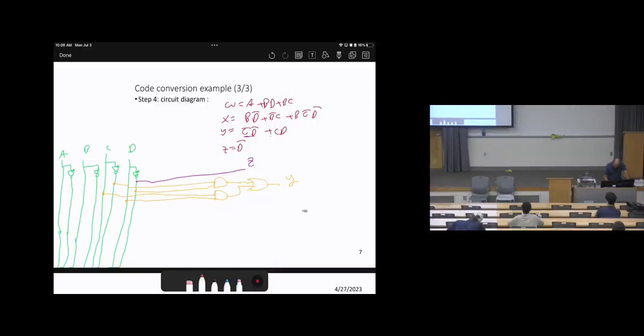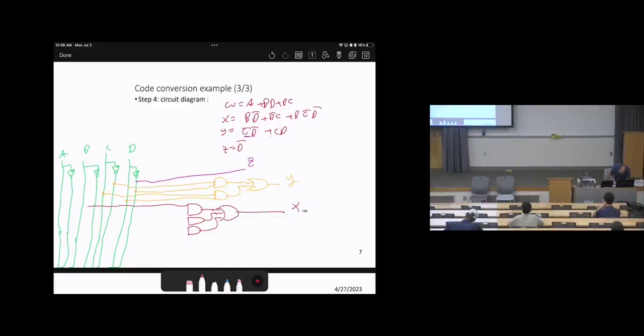How about X? The variable X is B D bar plus B bar C plus B C bar D bar. So we need to make the gates, which is 3 AND gates, then there will be OR. So 3 AND gates. Then they will be connected with OR to create the variable X. So the first AND gate will be with B D bar.